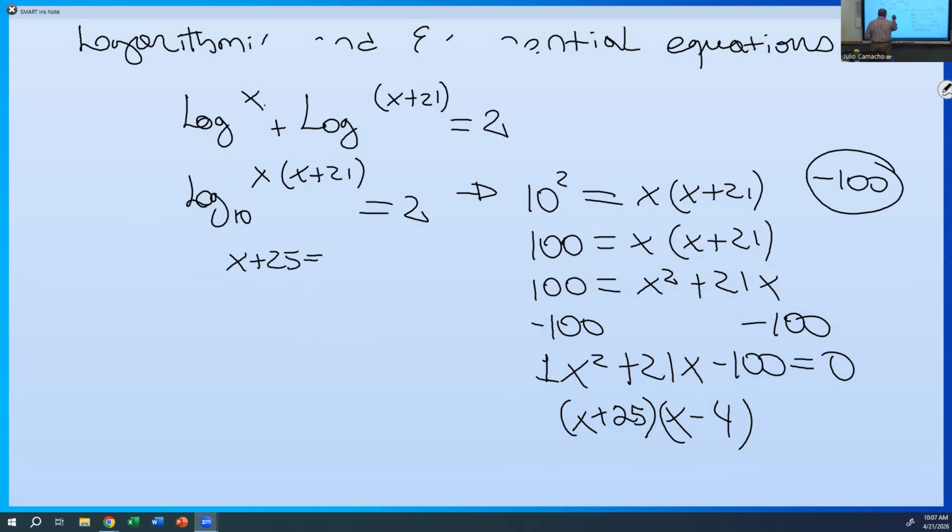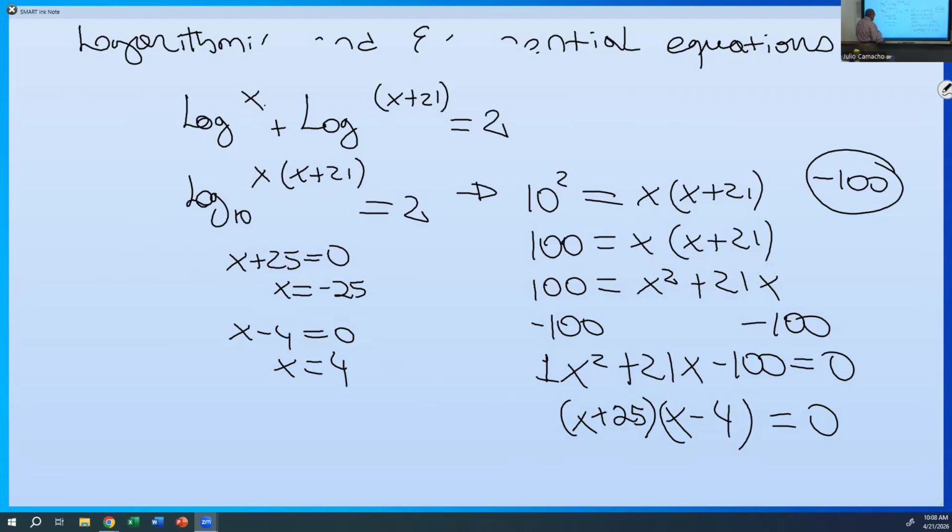I'm going to set it to 0. So we need to set that to 0 also, and you subtract 25 from both sides, so x is equal to negative 25. And my second answer is x minus 4 is equal to 0. If I add 4 to both sides, x is equal to 4.